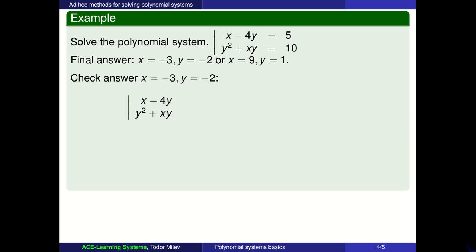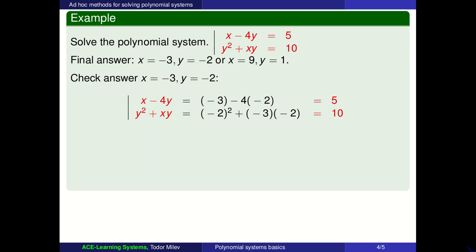And now in those two polynomials, I'll carry out the substitutions. X I'm going to replace with -3, and y I'm going to replace with -2. So I get, on the first line, -3 minus 4 times -2. And on the second line, I get -2 squared plus -3 times -2.